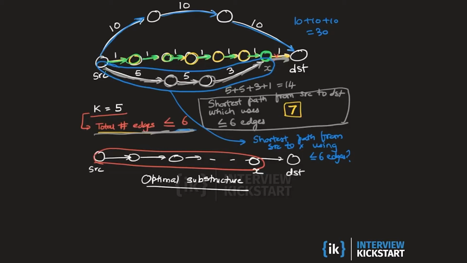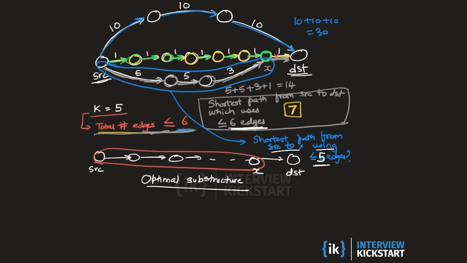When we look at the shortest path from the source to the destination, which uses less than or equal to 6 edges, that's the gray path we have drawn. If we look at the blue prefix of that gray path from the source up to x, we can say that this prefix does represent the shortest path from the source to x, which uses less than or equal to 5 edges.